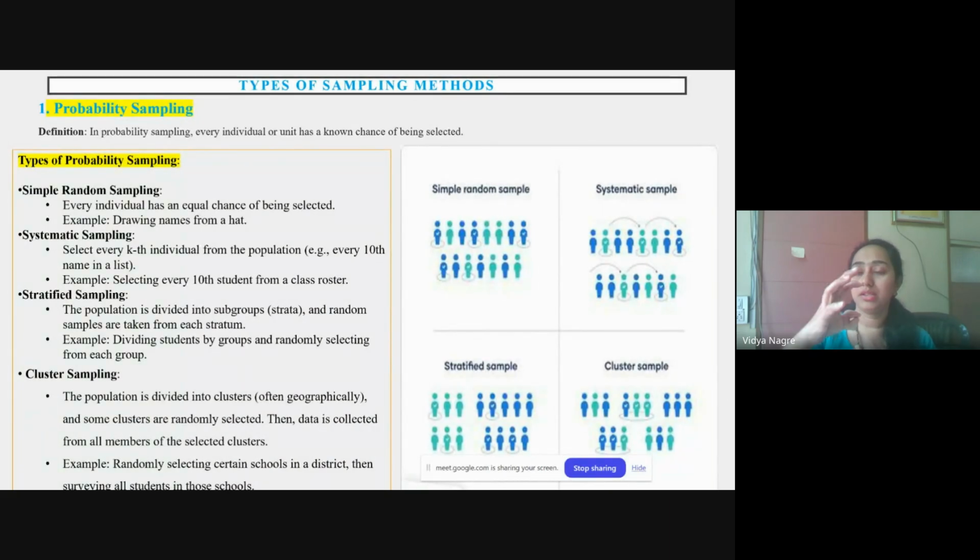For example, western region, eastern region, northern, southern Tamil Nadu. In this way, they will divide those schools into clusters, or might be according to districts. Then they will select one particular district which might have poor facilities.